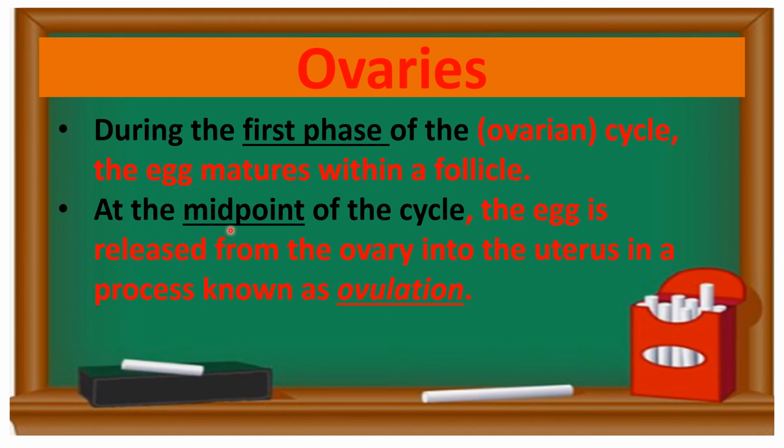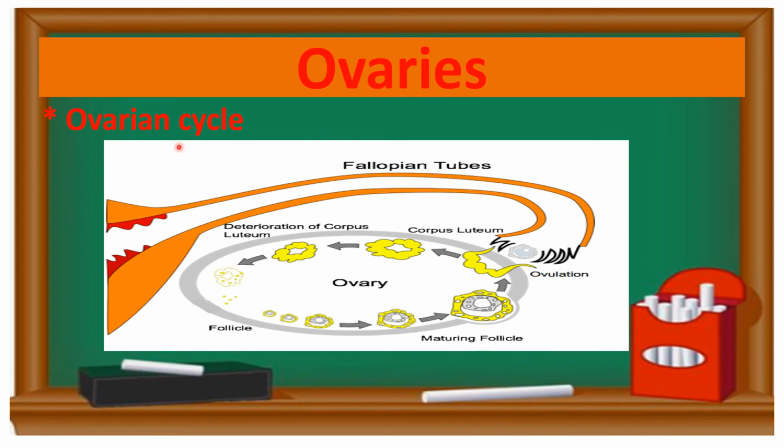At the midpoint of the cycle, the egg is released from the ovary into the uterus in a process called ovulation. Again, when the egg is released from the ovary going to the uterus, that process is what you call ovulation. So this is how an ovarian cycle will look.